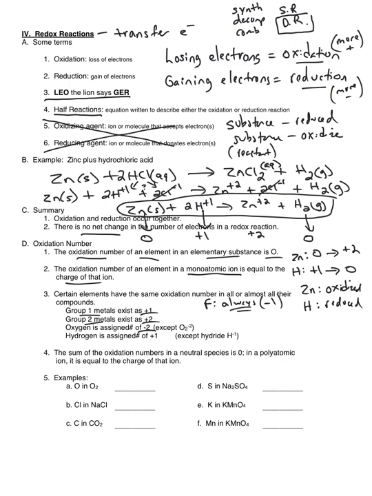Fluorine is never not -1. The only time fluorine is not -1 is when it's bonded to itself and it's fluorine gas. This is the elemental form of fluorine, and again, any elemental form has a 0 oxidation state. But when fluorine is bonded to any other element on the periodic table, it has a -1 oxidation state.